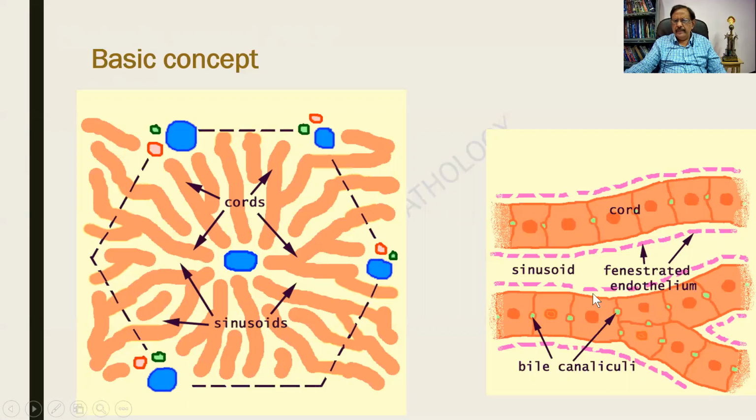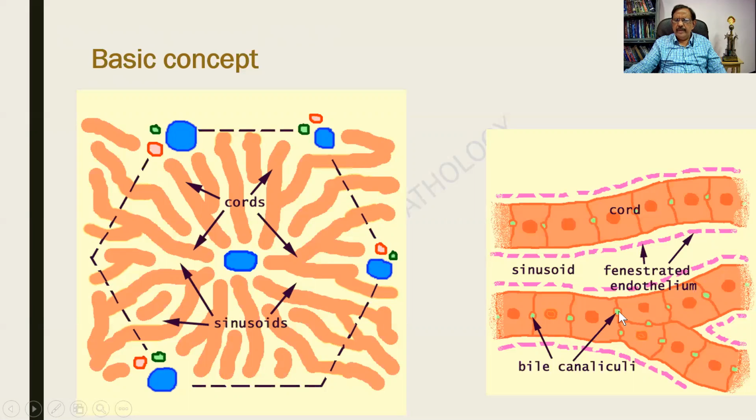And here again is a picture of the hepatic parenchyma that is being separated by the sinusoidal spaces. Sinusoid is nothing but a very small blood vessel which is having a fenestrated endothelium.